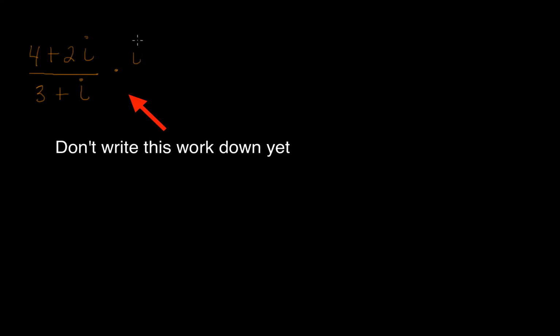Multiplying by I divided by I is going to give us 4I minus 2, because this would be 2I squared, which is going to be a -2, divided by 3I plus I squared.